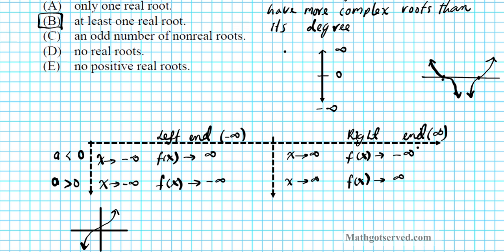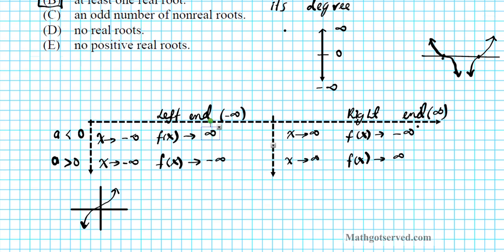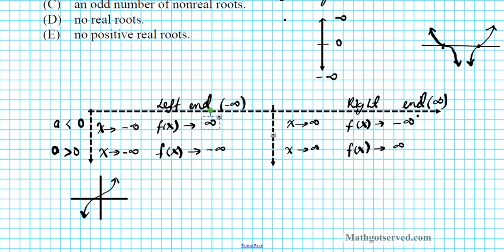So let me show you the maximum number of roots you can have. This case right here is the least. Because it's an odd function, we have one real root.